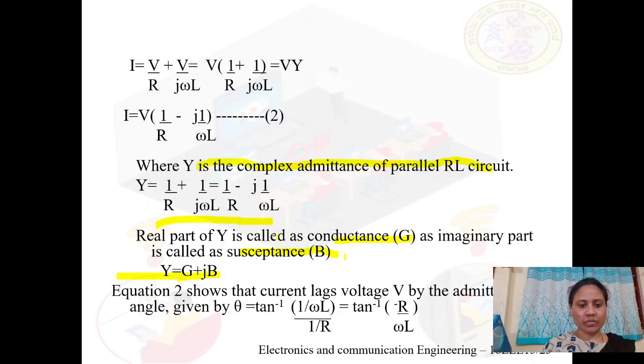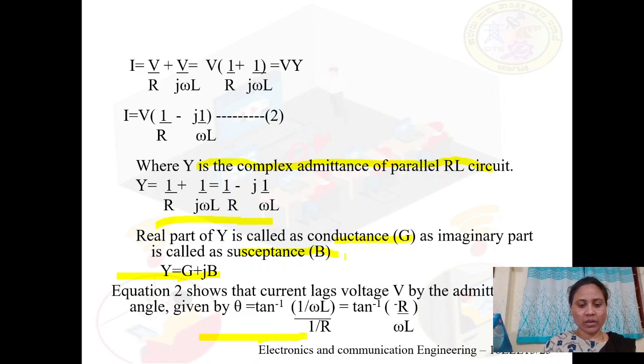In order to analyze the relationship of I with V, let us take the phase angle of this Y. The phase angle for Y is tan inverse of imaginary part by real part.